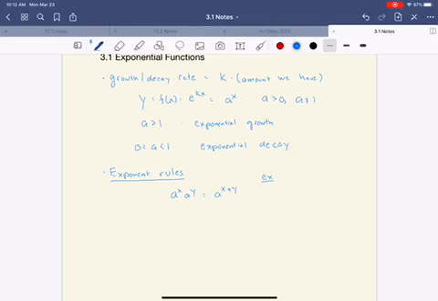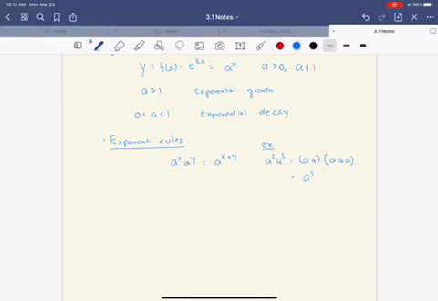So I always think of it in terms of a simple example. So let's say you have a squared times a cubed. If you think about that, it's like you have 2 a's multiplied there and 3 a's multiplied there. And you add up all the a's, you're going to get a to the 5th.